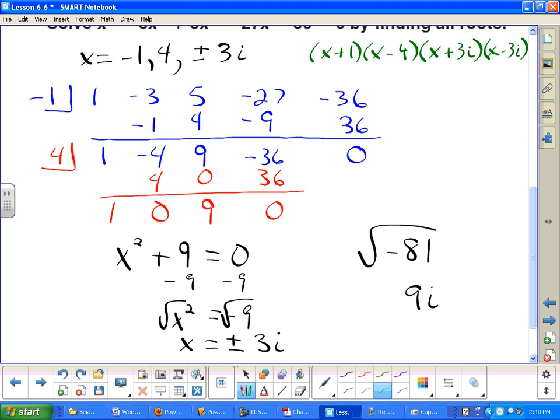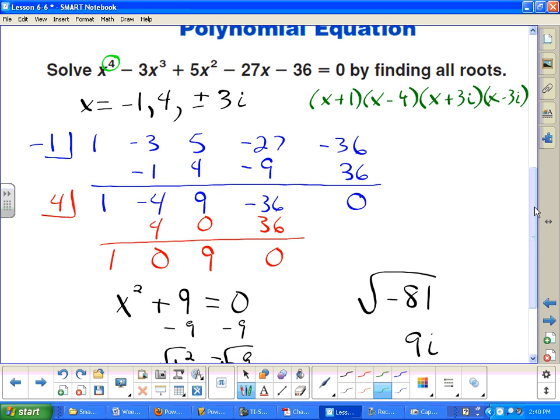They didn't ask me for this. They just asked me to find all roots. So I don't have to do that, but I just want to show you that it is possible to do it. So you can actually use your graph and zeros to factor. And hopefully you understand that by now, that is a possibility.